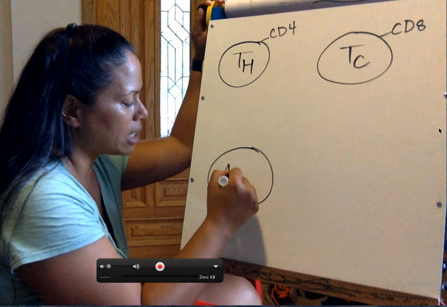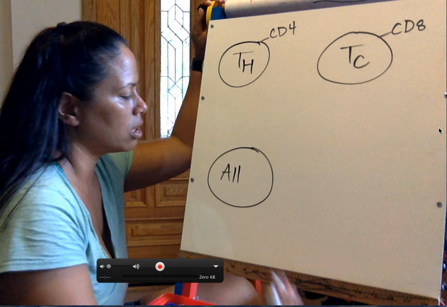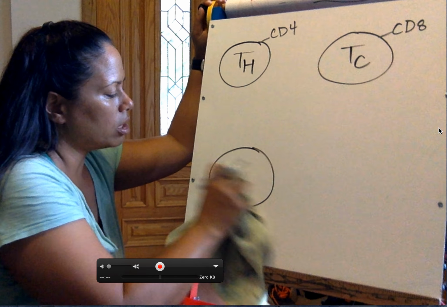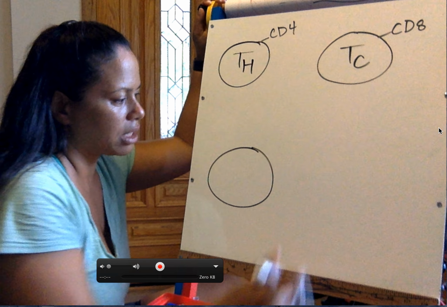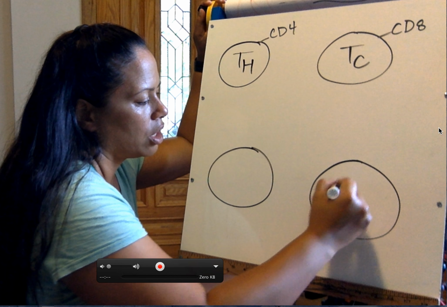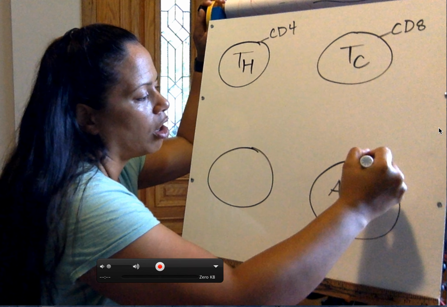On all cells, every single cell in the body except for red blood cells, you have what we call MHC class 1. In terms of medicine, these are called HLA type 1, and they're the same thing. Just remember it's class 1.